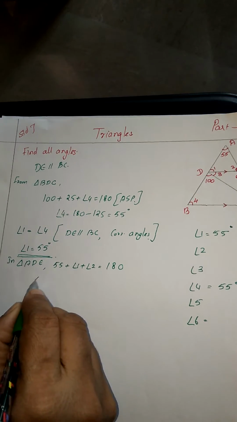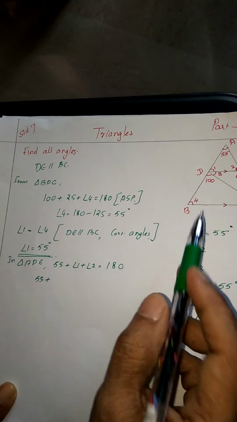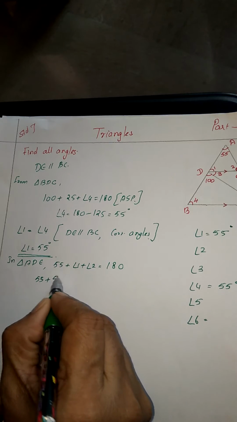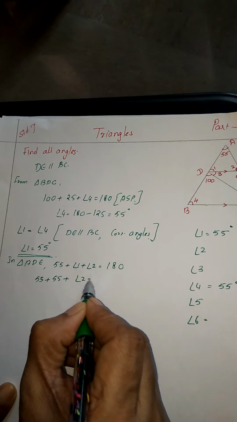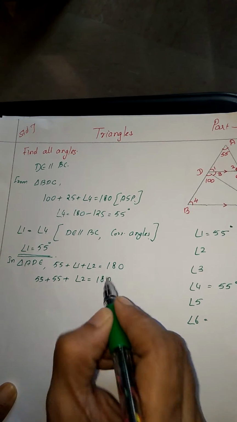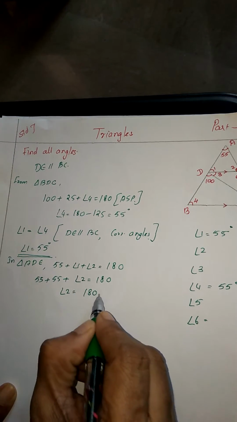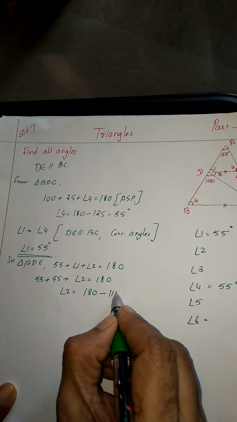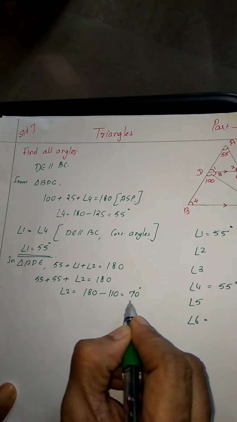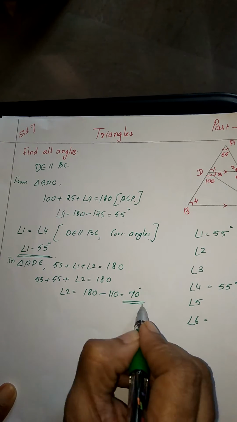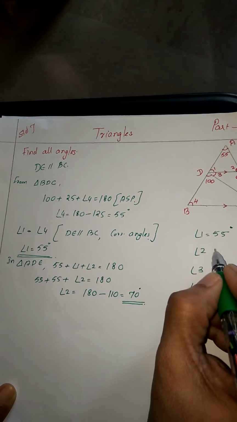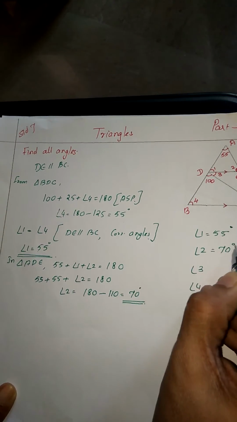So 55 plus 55 plus angle 2 is equal to 180, from which you will get angle 2 is equal to 180 minus 110 is equal to 70 degrees. So we will write angle 2 is equal to 70 degrees.